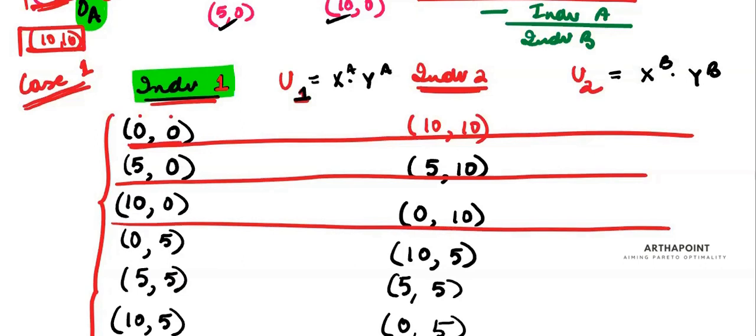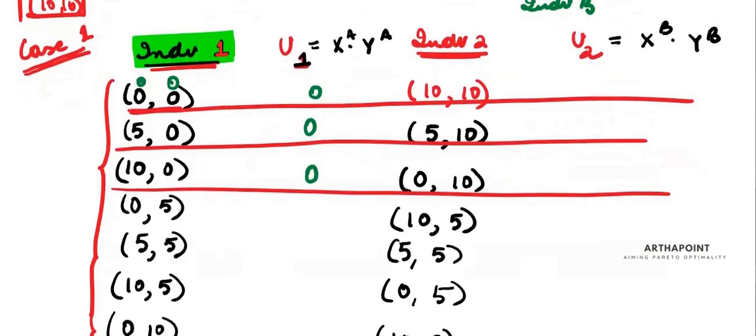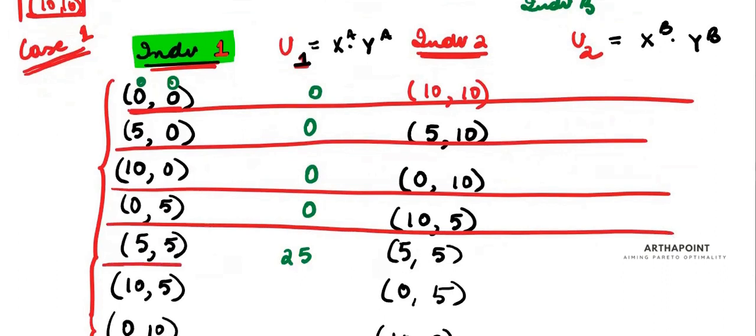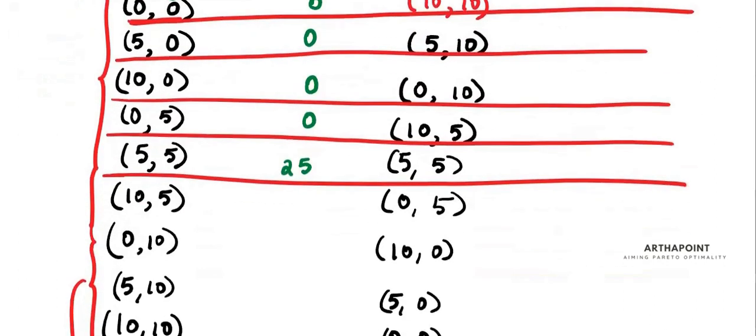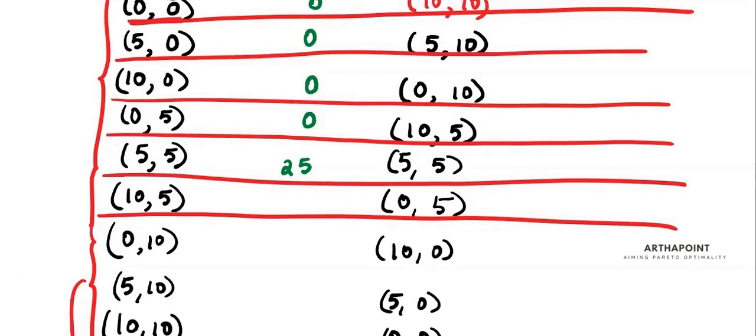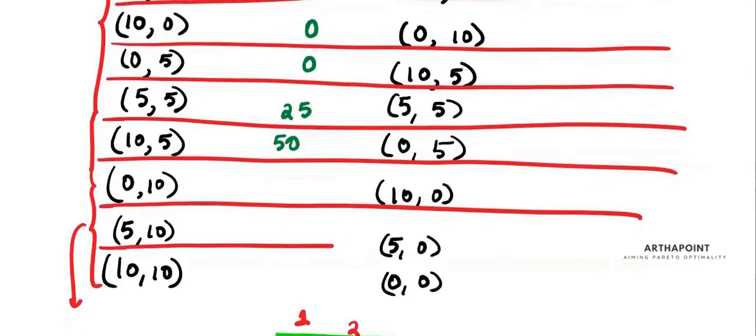In this case, individual A has 0 amount of good X and 0 Y. So 0 into 0 is 0. 5 into 0 is 0. 10 into 0 is 0. 0 into 5 is 0. 5 into 5 is 25. I'll just keep drawing these lines for easy understanding. 10 into 5 is 50. 0 into 10 is 0. 5 into 10 is 50.